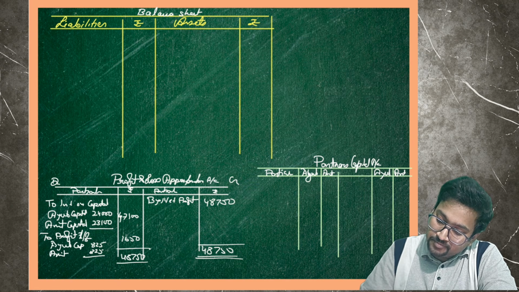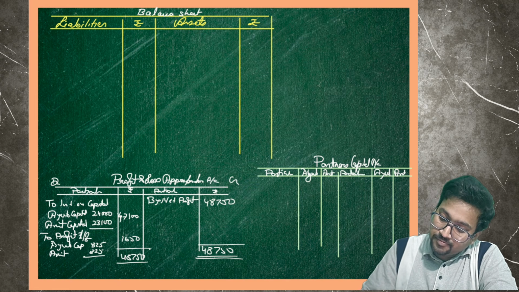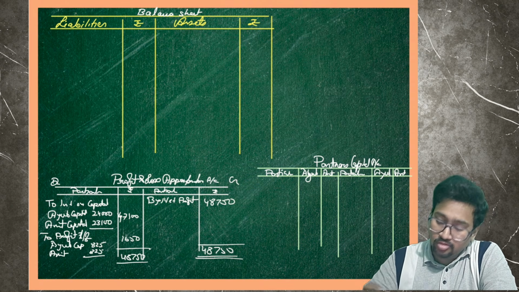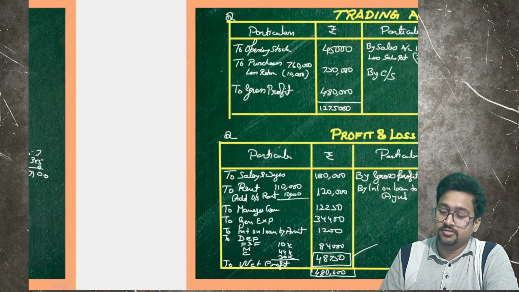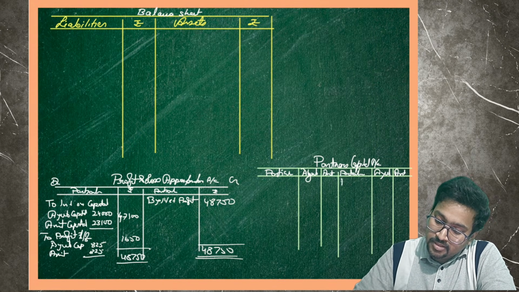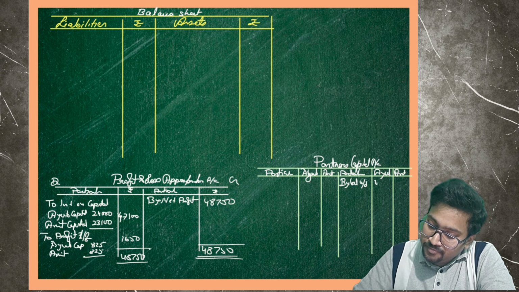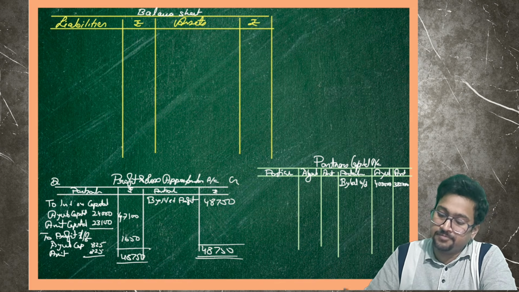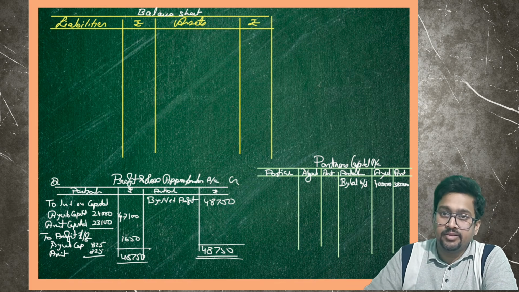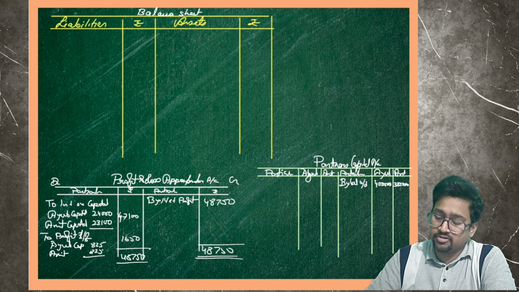Particulars and particulars. Okay, so now they have the capital of 4 lakh and how much? It's 3,85,000. So same we'll write here as well. By balance b/d, this is the opening balance, 4 lakh and 3,85,000. And now in this capital, they are getting interest on capital.